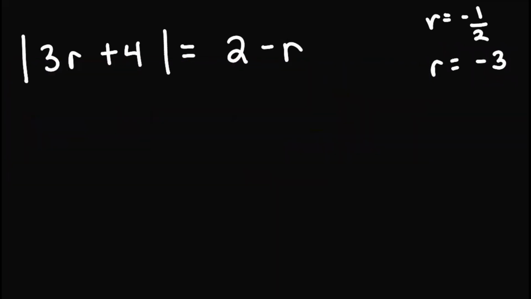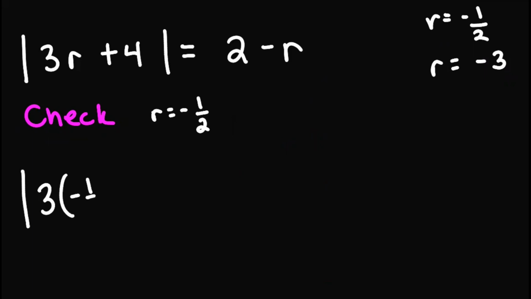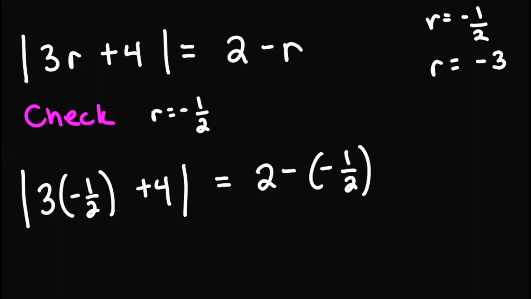Now note that in this one, it is more important to check the values that we got, since extraneous solutions often appear in these types of absolute value equations. So let's check. First, at r equals negative 1/2, then we'll have 3 times negative 1/2 plus 4 equals 2 minus negative 1/2. So let's fix this one.